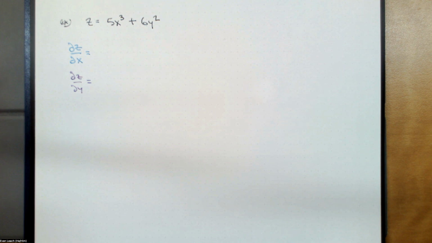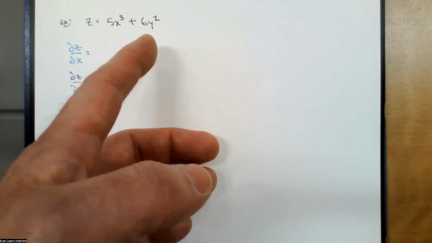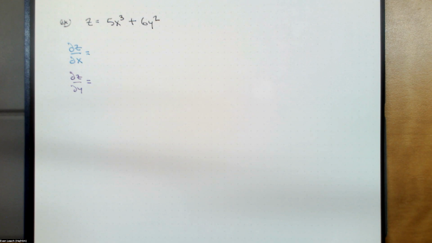With respect to x, 5 is a constant factor. I wasn't being specific before because everything was just being multiplied together. Now we have to think about it. In this problem, with respect to x, 5 is a constant factor. X is our variable. But then we get a plus. This 6y squared is a constant, but it's not a constant factor.